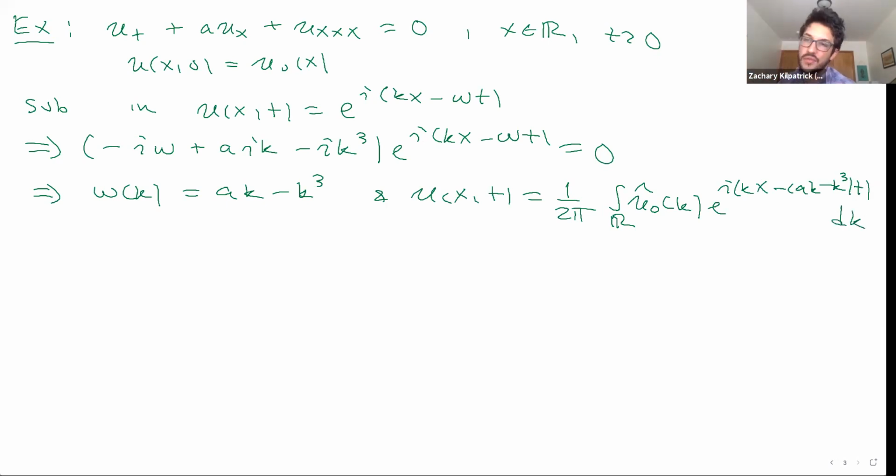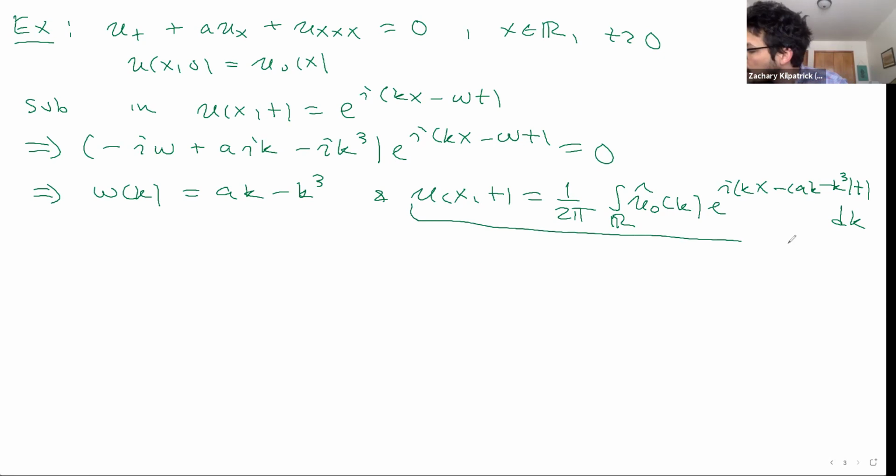So if you're thinking of an analogy with Fourier series, these are our individual components, and this is going to be like our infinite summation over all of these wave numbers. We're integrating over all values of k.